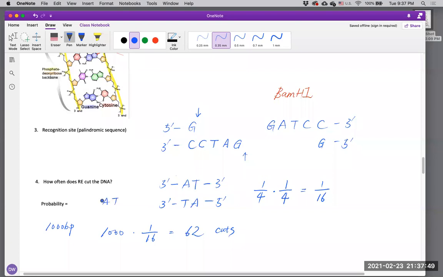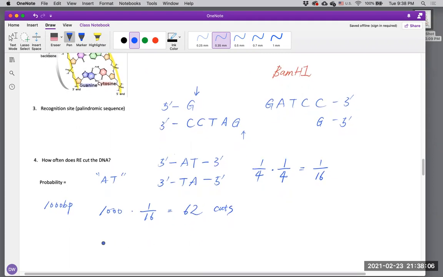So we can see that this is going to cut very frequently just because the recognition site is so short that this site occurring just by random chance is going to be high, therefore it's going to cut a lot more times.